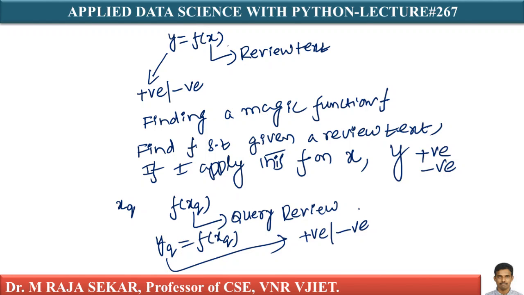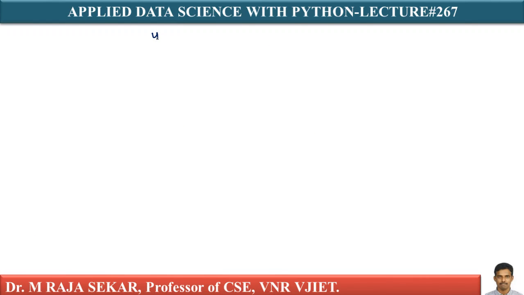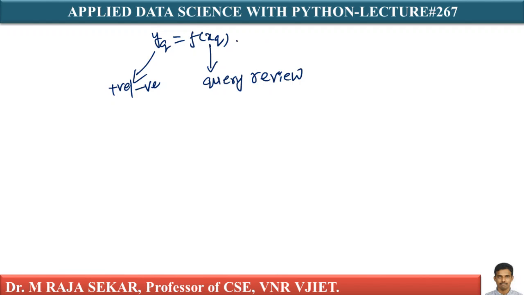We will try to understand this in a detailed manner. Let me rewrite: yq equal to f of xq. What is yq? It is positive or negative. What is xq? Query review. This is the problem that we are trying to solve. We are trying to find f, isn't it?